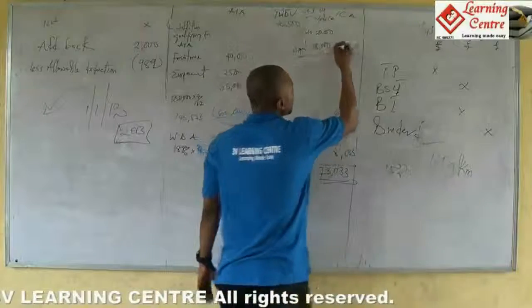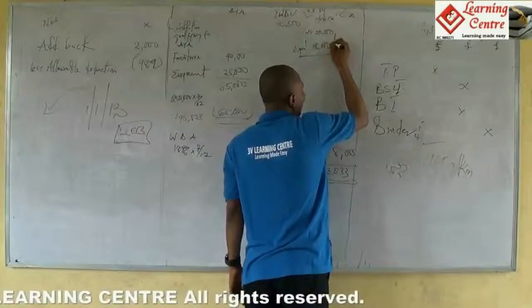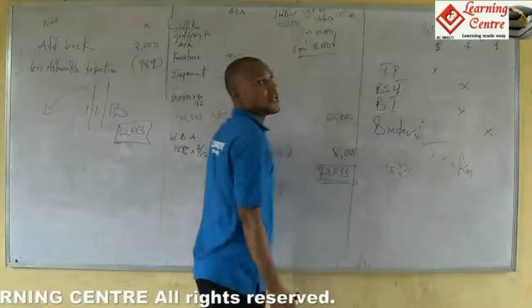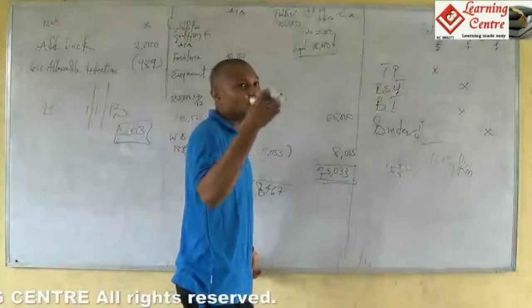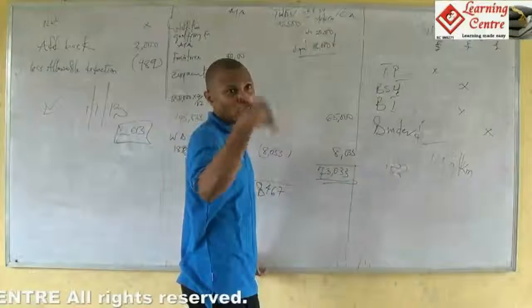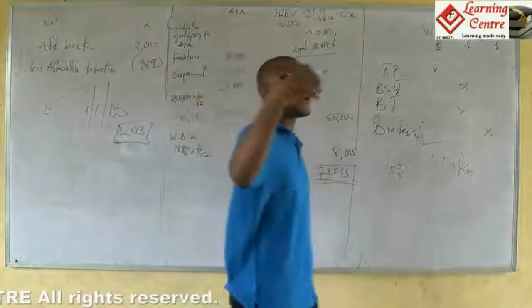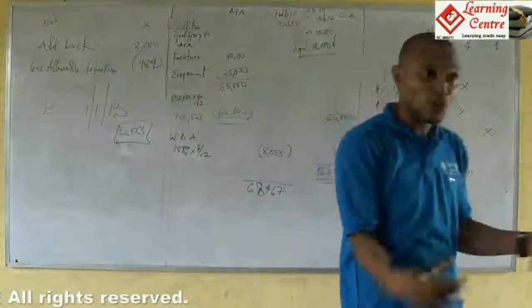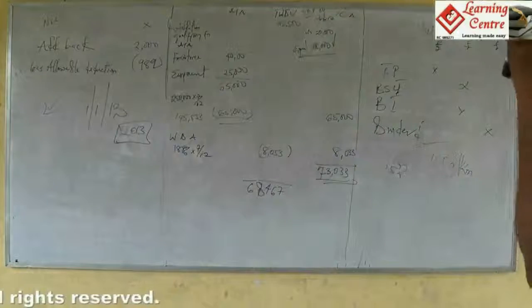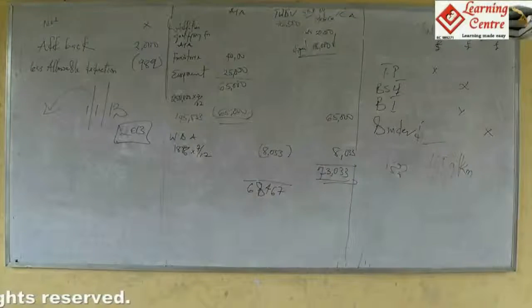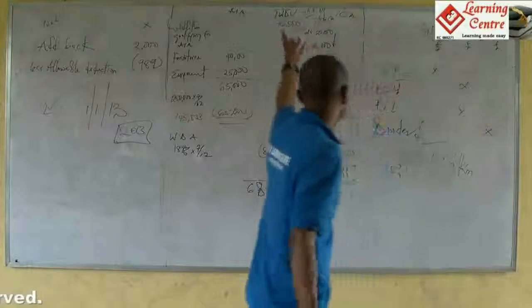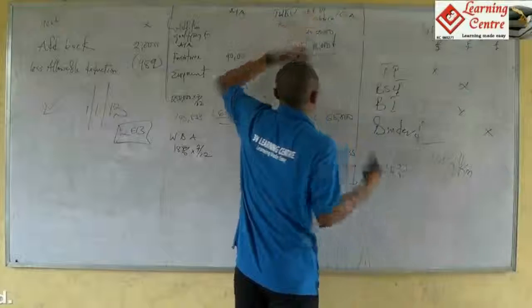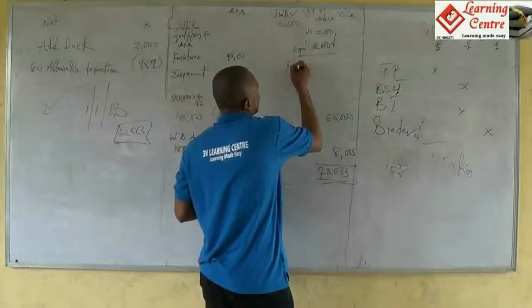If your disposal proceeds is less than your tax written down value or your cost, it will be cost if that is the year of acquisition, or tax written down value if it's not a year of acquisition. That is, you've acquired it before and you've been doing the normal either 18% or 8% on it. Do you get it? Okay, it will be TWDV. Now, if this is lower than this, you have balancing allowance.